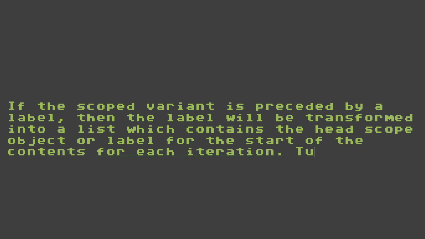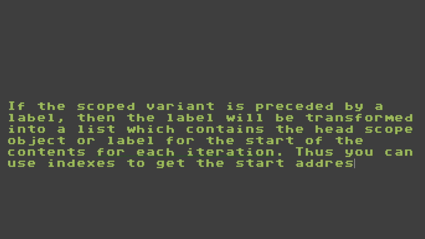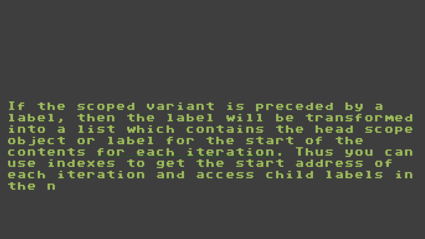Thus, you can use indexes to get the start address of each iteration and access child labels in the normal fashion. Okay, this is more clear, but I'm sure not crystal clear.